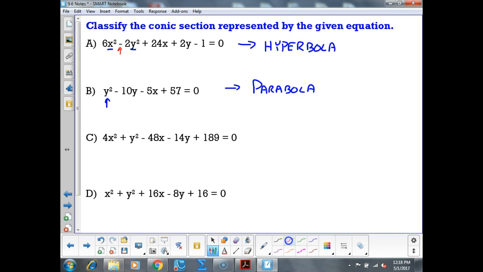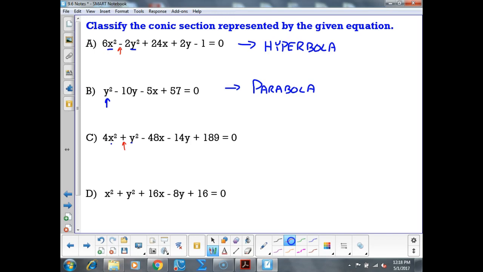C. How many squared terms? Two squared terms. So parabola's gone. Got an x squared term, got a y squared term, so the parabola's gone. There's an addition sign in between the squared terms, so hyperbola is also gone because it's not a subtraction sign. So then I look at the coefficients. What's the coefficient on the x squared term? 4.